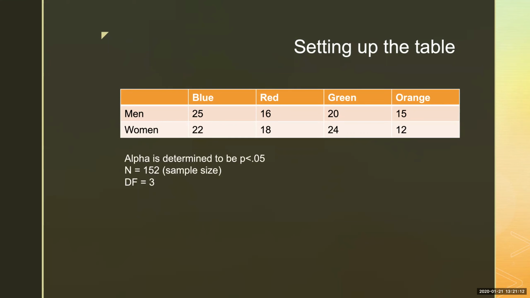In order to do this, we must determine what alpha is going to be. And we're going to talk a lot about that as we get moving forward later in the semester. But here, alpha is going to be when p is less than 0.05. So that means that we're going to allow a 5% chance of error. Okay, so that's what that means. We're willing to accept that there's less than 5% chance of error. Our total sample size is 152.